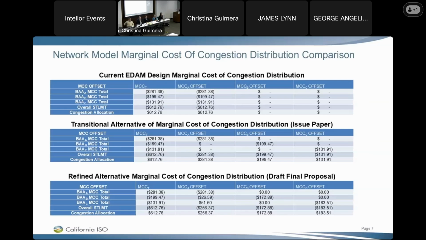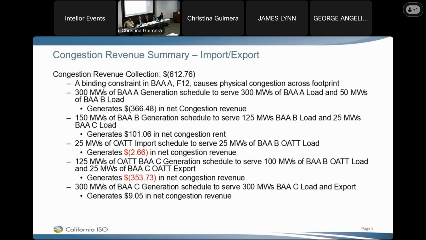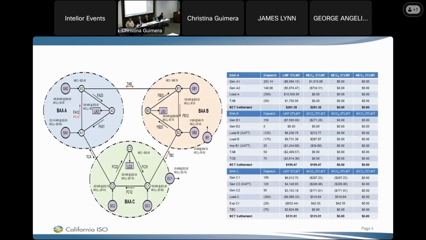the offset distribution in the last row there and look at BAAB, got $173 there, and we go up to the diagram slide, 2 or 3 slides before that, and we look at the relationship happening within BAAB.